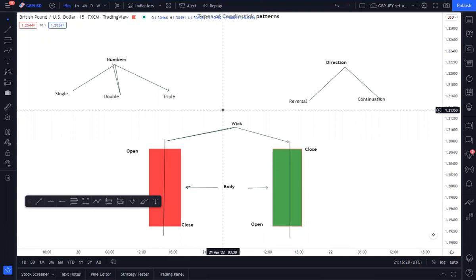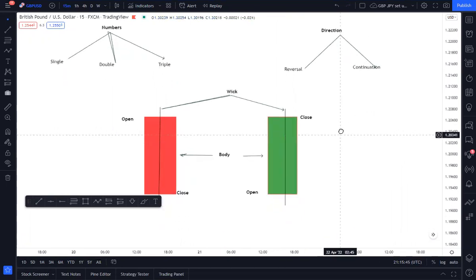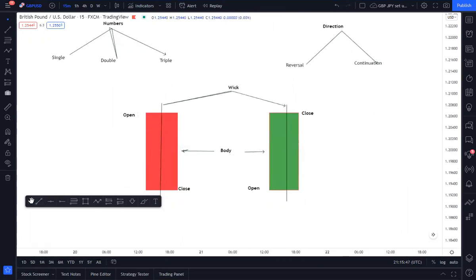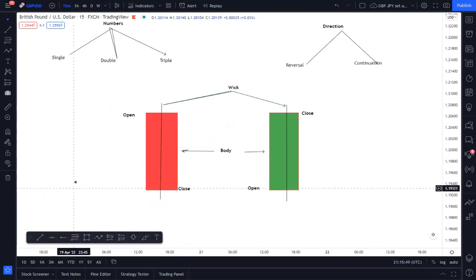We have the single candlestick patterns, we have the double candlestick patterns, and of course, we have the triple candlestick patterns. Okay, we have the single, we have the double, and we have the triple. Make sure you're jotting down.